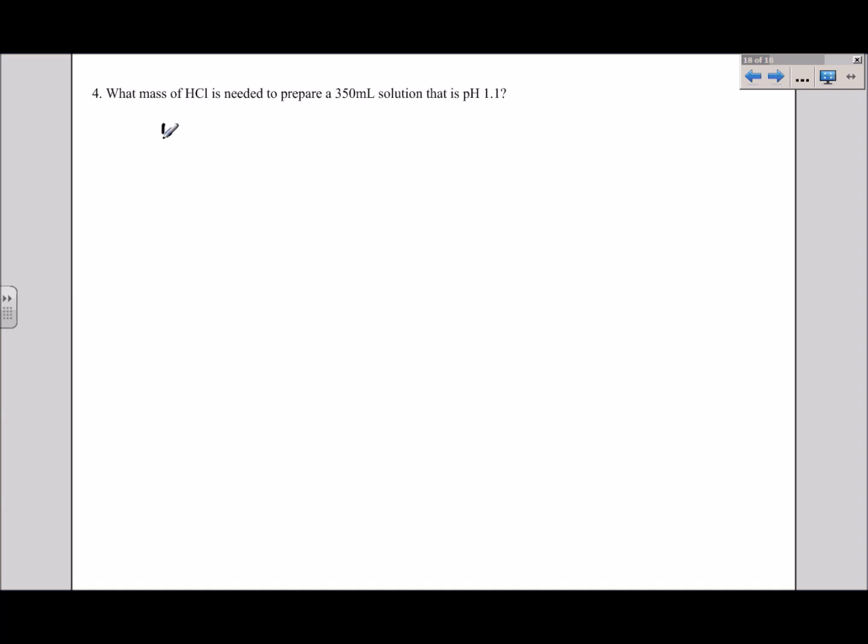I know that my mass will be equal to whatever the moles I need for my solution is, times the molar mass. And I know to find the moles, I'm going to need to multiply the concentration of the solution that I want times the volume. So really, what I need to do is figure out the concentration of the solution first, which I'm going to do by finding the hydronium ion concentration from the pH.